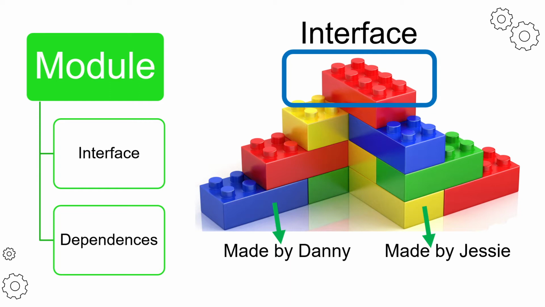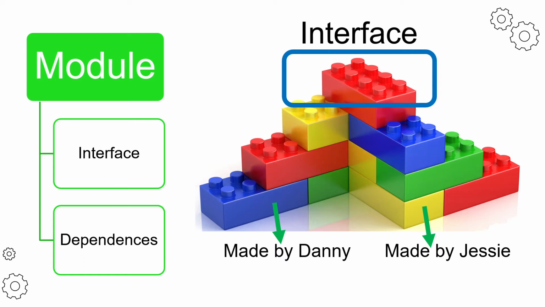But you can use it to generate a random number, and that function would be your dependency. It's created by someone else and used in your code. That means your module depends on that piece of code.